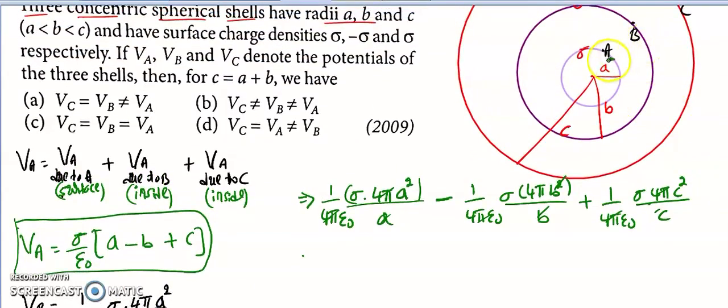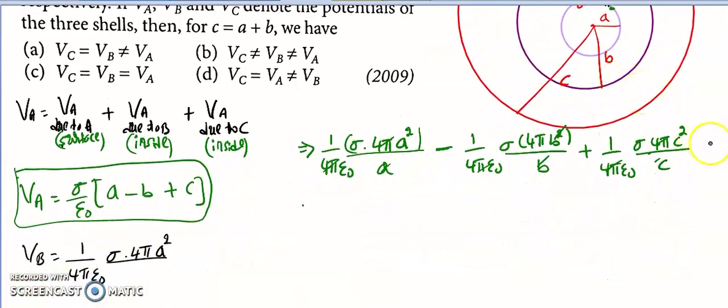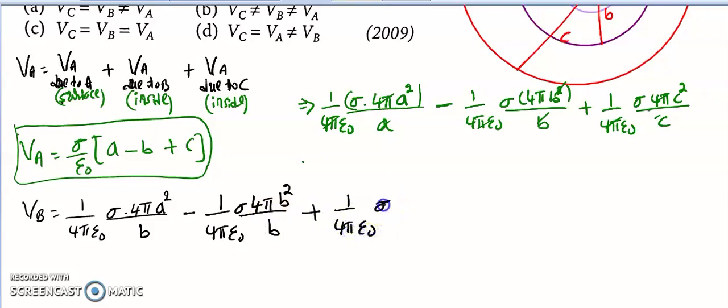Potential at B due to A is outside, so the distance is B. Then minus 1 divided by 4 pi epsilon naught sigma 4 pi, the radius of B being B, so B square by B. Then plus 1 divided by 4 pi epsilon naught sigma into 4 pi C square divided by C, the potential due to the C.